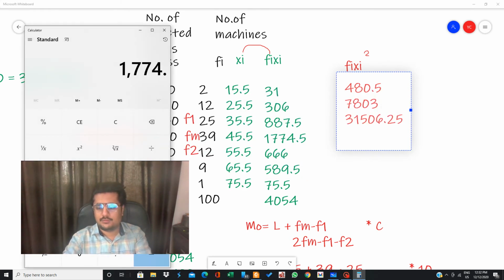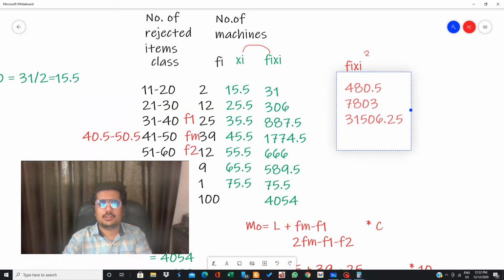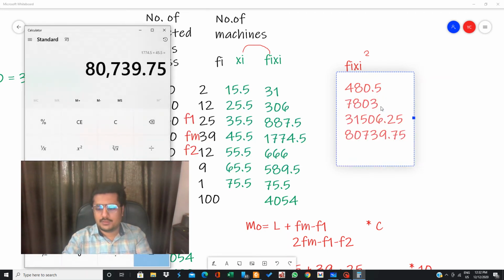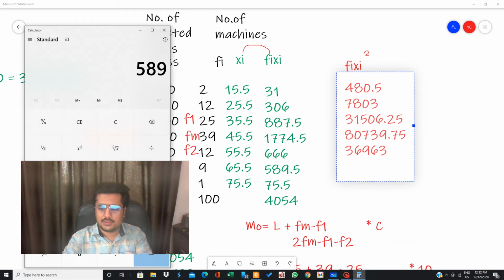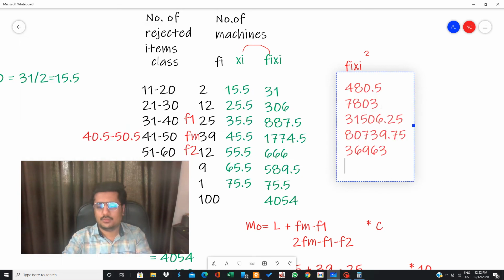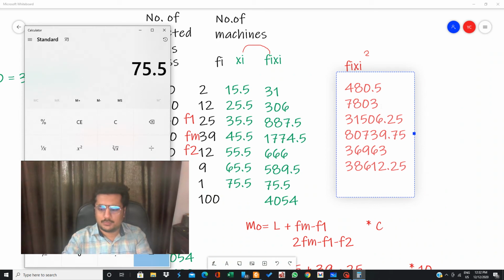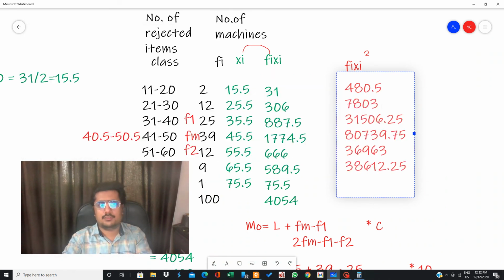Then 1774.5 into 45.5, 80739.75. Then 666 into 55.5, 36963. Then 59.5 into 65.5, 38612.25. Then 75.5 into, 5700.